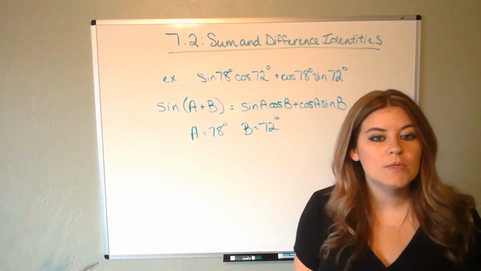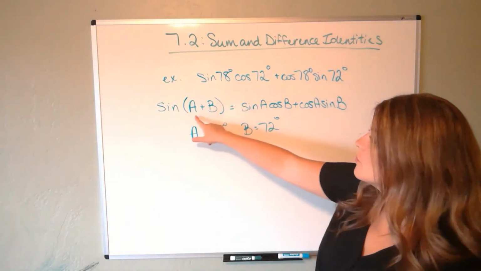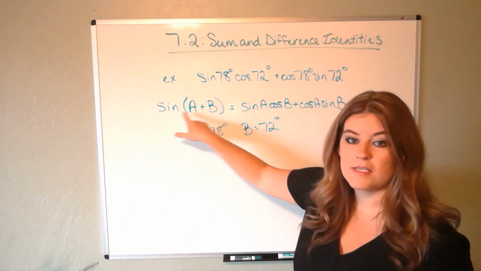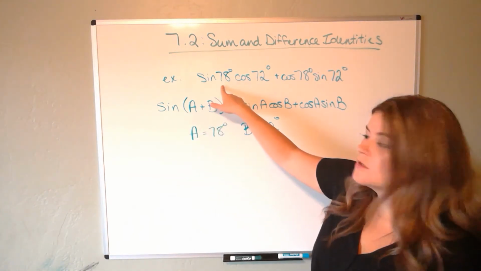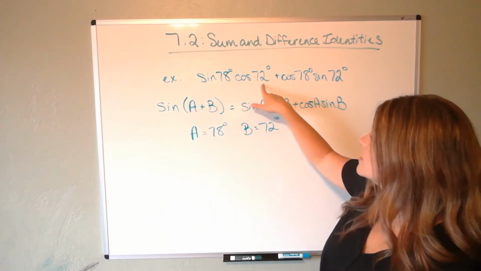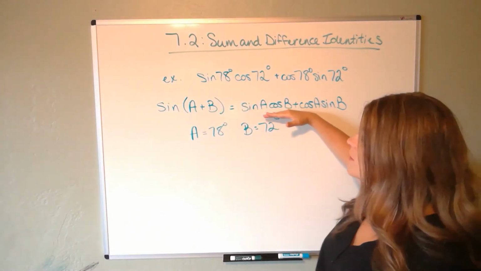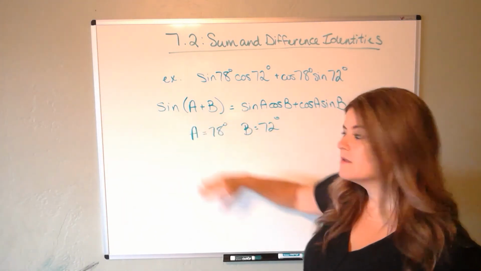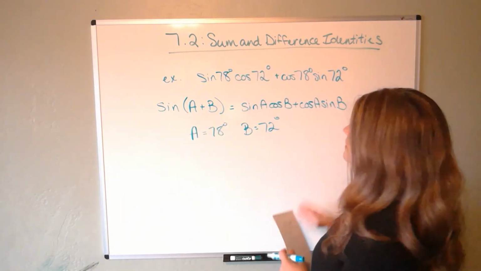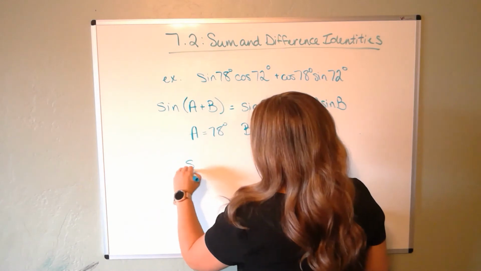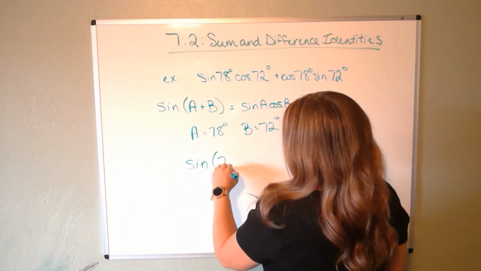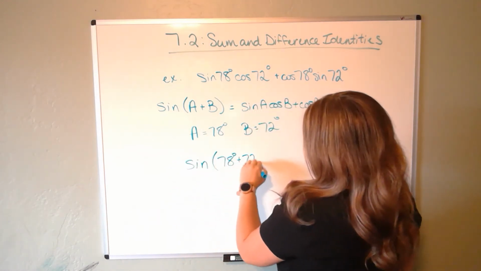So what you need to do is be able to pick out which identity it comes from. So this was the sine of a sum. Be able to note which one's A, which one's B. And guys, it gave you this side, right? You're going to put it back to here. So all of this, isn't that just saying sine of 78 plus 72?